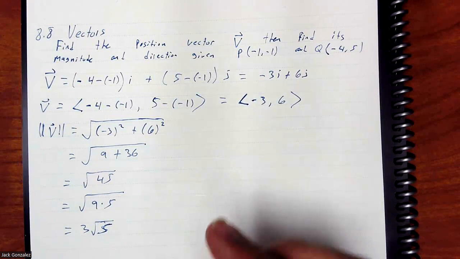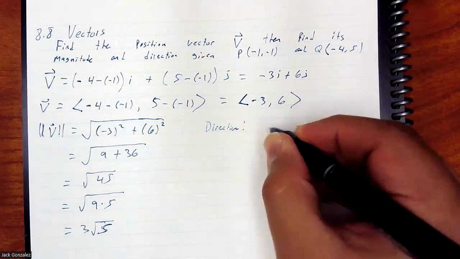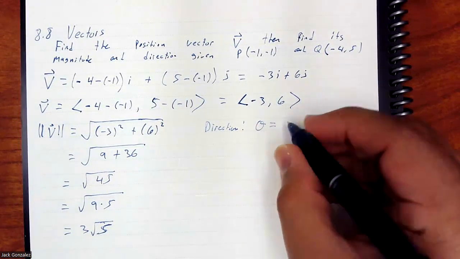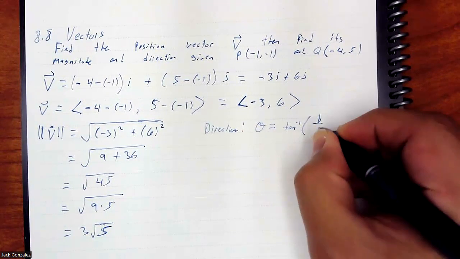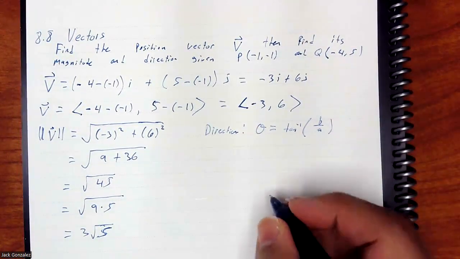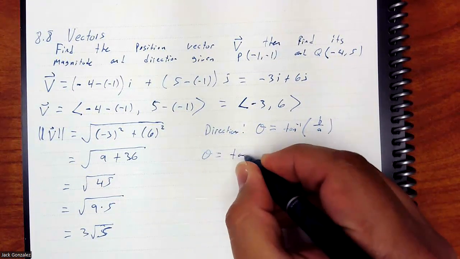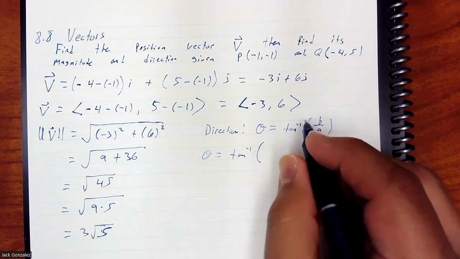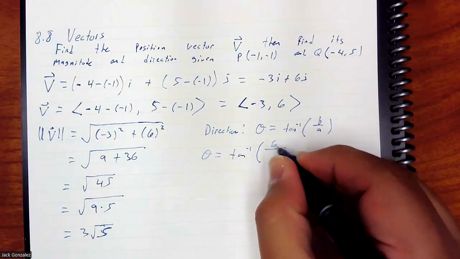Now the direction, they mean find theta using your tan inverse. So that means that theta is equal to tangent inverse of this component over this guy.